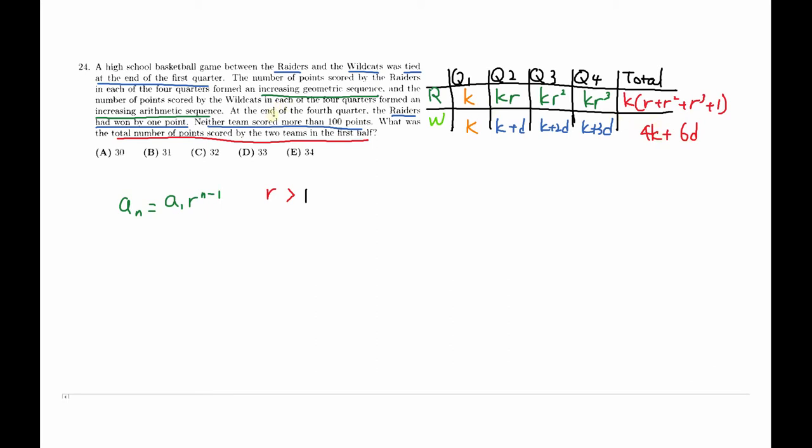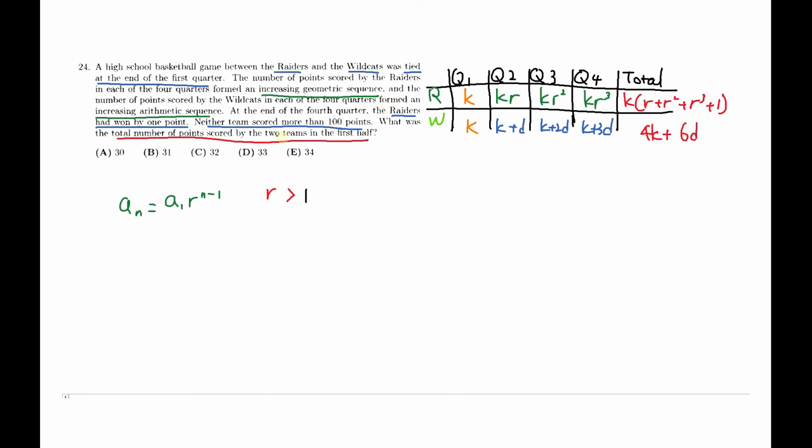Now where do we get clues that connect the total points of the Raiders and the Wildcats? Well, if you look at the question, it said the Raiders won by 1 point. So the Wildcats' total has to be increased by 1.